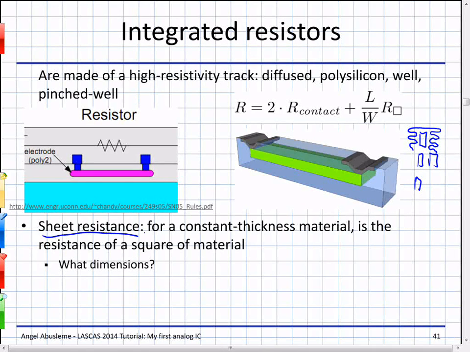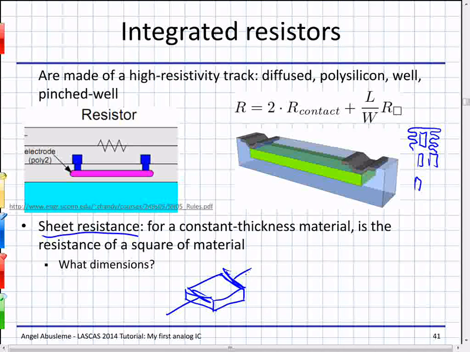So sheet resistance is for a constant thickness material, so a material that has a relatively constant thickness, that's the resistance of a square of material. So if we have a square of material with a constant thickness, and if we put an electrode here and another electrode here, and we measure resistance, if this is a square, that's the sheet resistance.